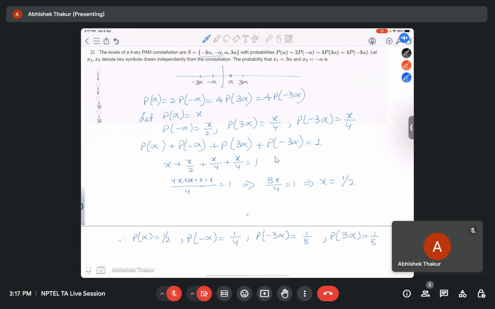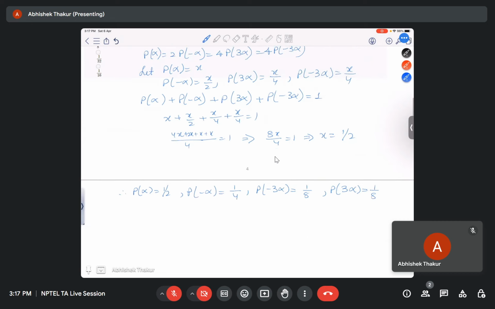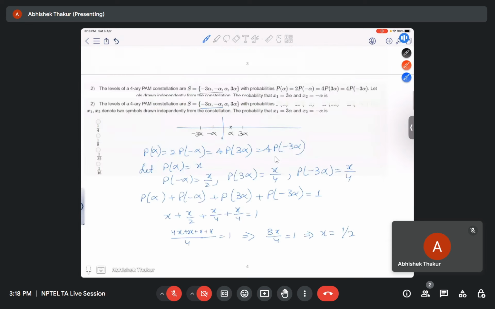Now the question is asking: two symbols x1 and x2 are drawn independently from the constellation, what is the probability that x1 is equal to 3 alpha and x2 is equal to minus alpha? This is probability of 3 alpha into probability of minus alpha.